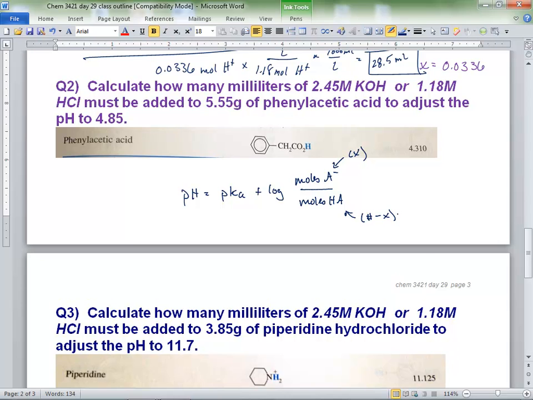For this one. And how do you get that number? Figure out what the structure is. C what? C8? Yes, C8H8O2. Yeah, thank you. You're right.